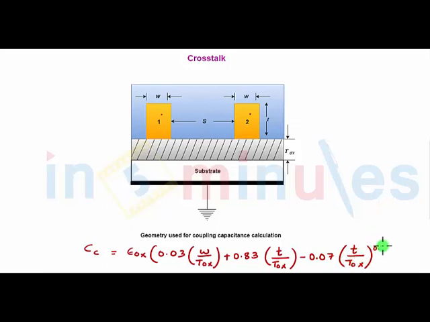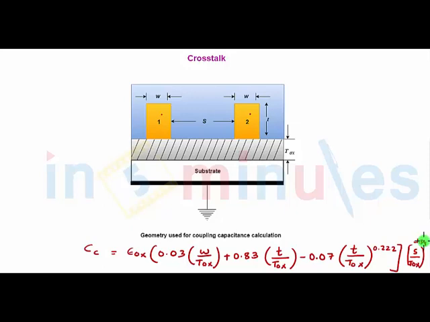The whole is 0.022, and this entire term is multiplied by S, which is the spacing, upon the thickness oxide raised to minus 1.34. Again, as I mentioned, the derivation is beyond the scope of this course.